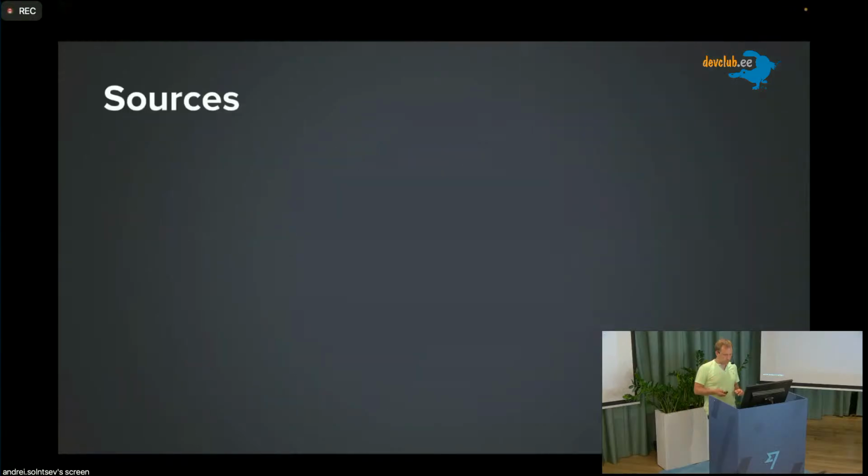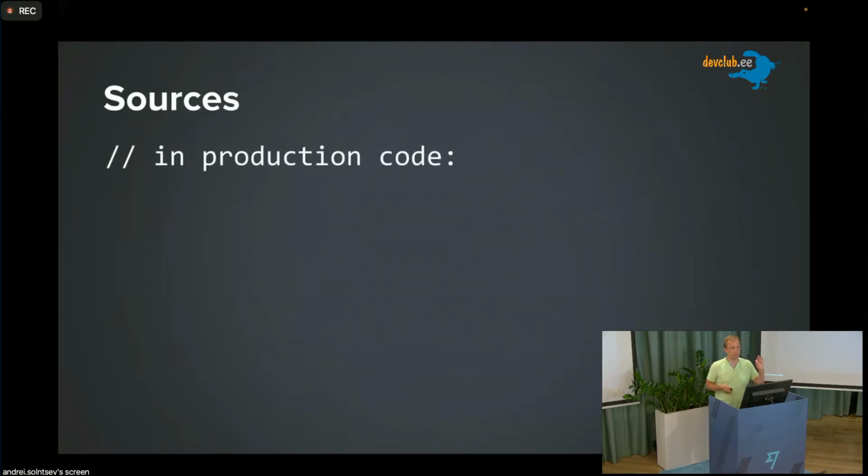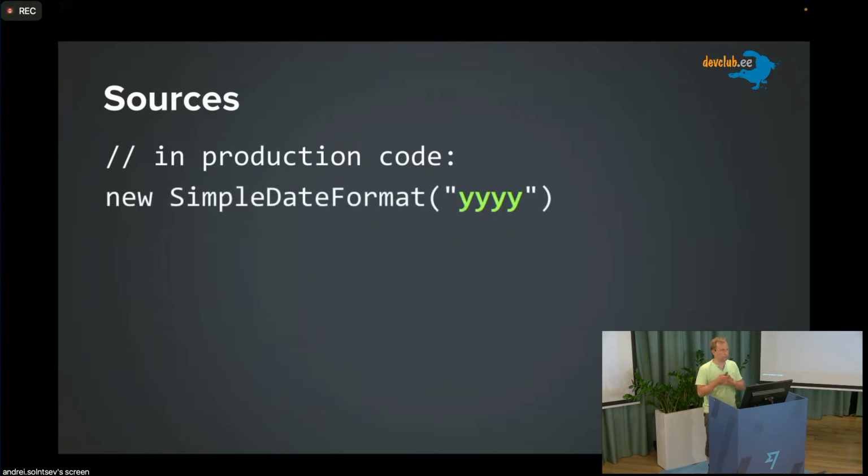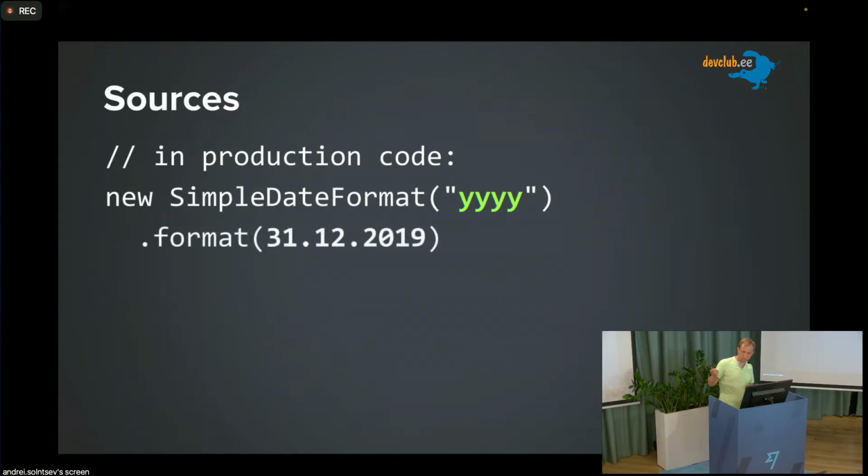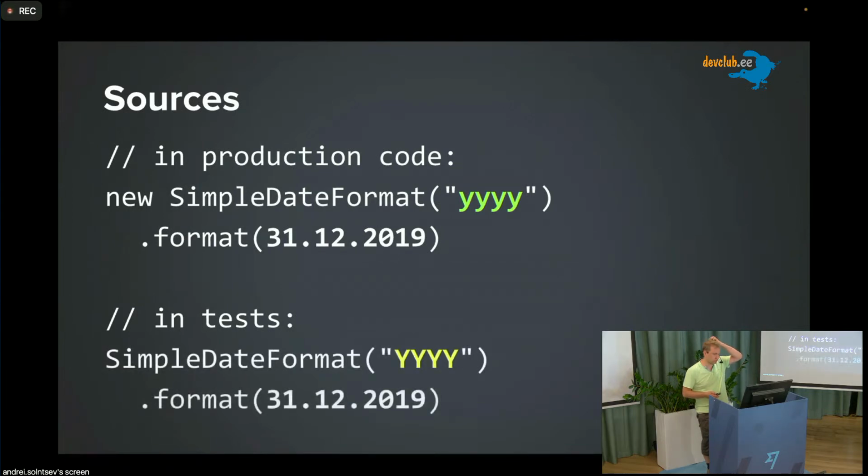When we looked into the code, we found a little difference. In production code, we found that the expiration time of the card was displayed using this code. But the test, which verified the expiration date, was written using this code.